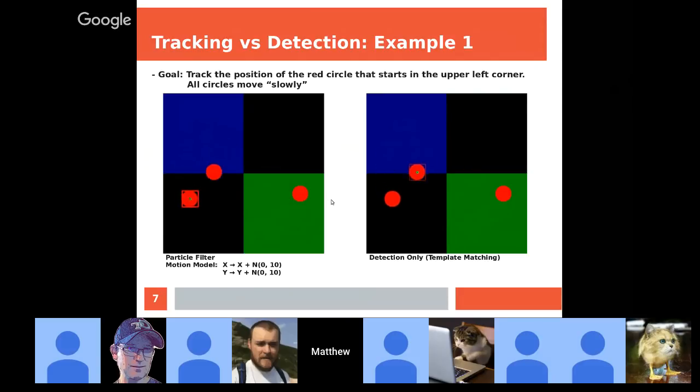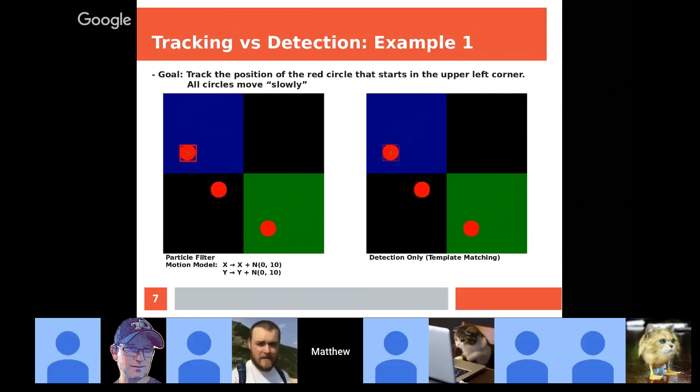So here we've got the circles moving, and it's a bit chaotic, but on the left, the particle filter is nicely tracking the one circle we started on. It's made almost a full revolution. Whereas on the right, in the template matching detection only, where we don't have any prior belief about state, and we don't have any motion model, you see the detection jumps around based mainly on which circle is on the blue background, which the template includes a little bit of, and some of NumPy's rules for determining the maximum if two objects are equally good.